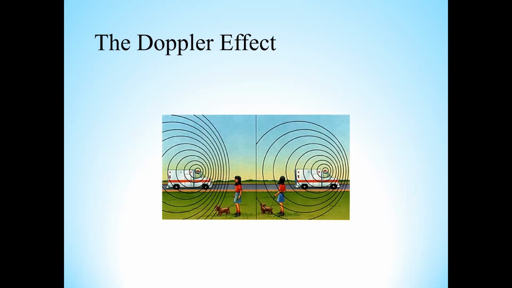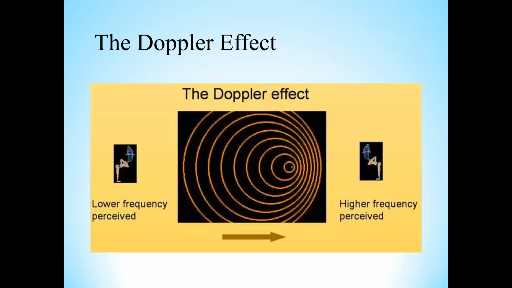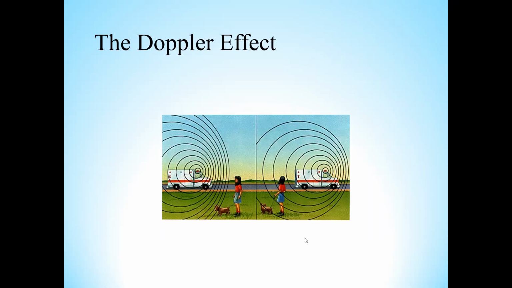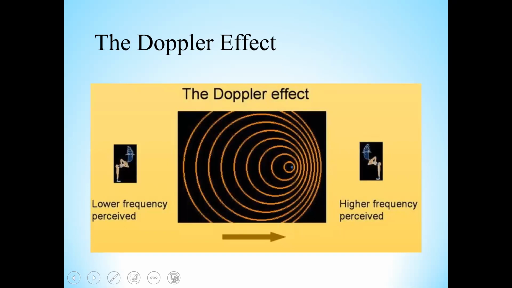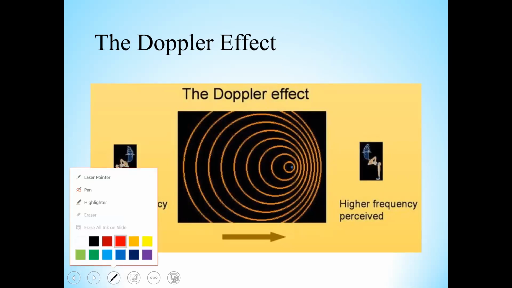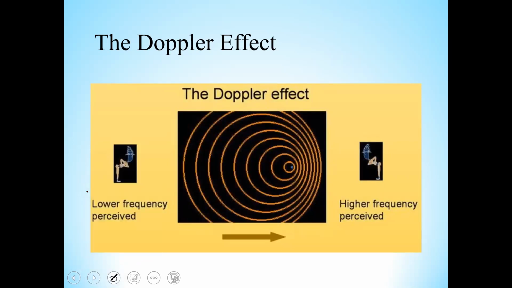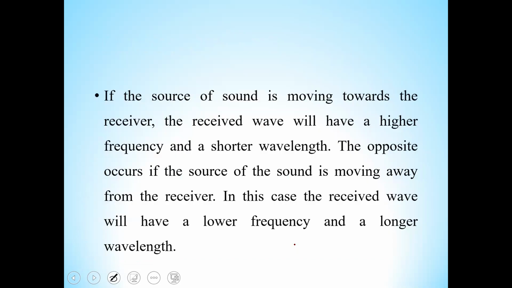And here you can see the Doppler effect. If the source of sound is moving in any direction, for example in this direction, you can see the frequency is increasing in the direction where the source is moving.